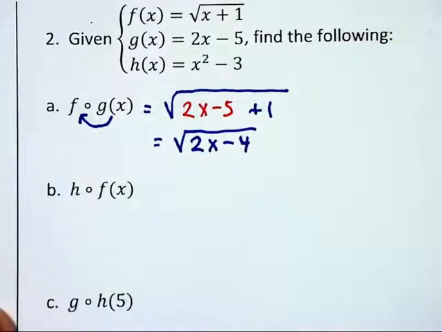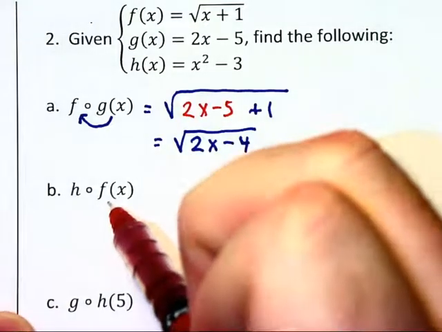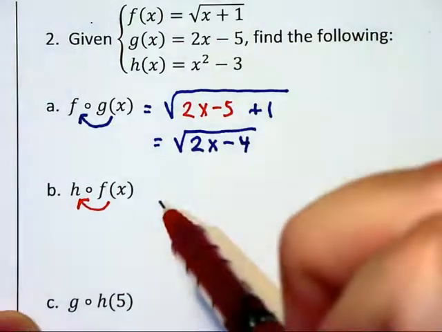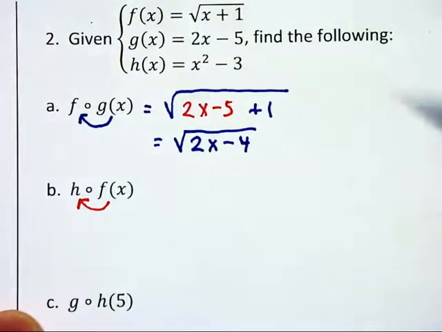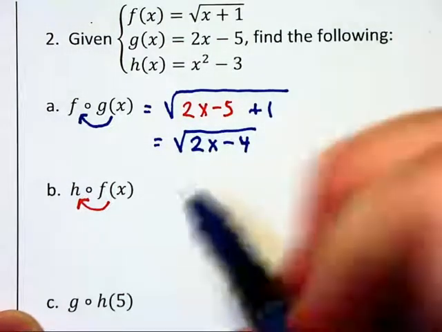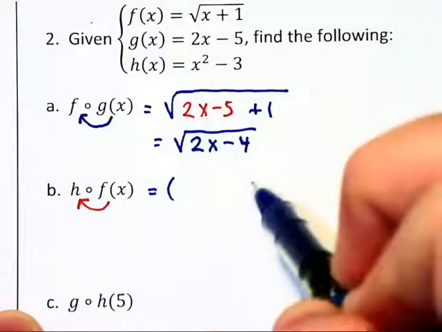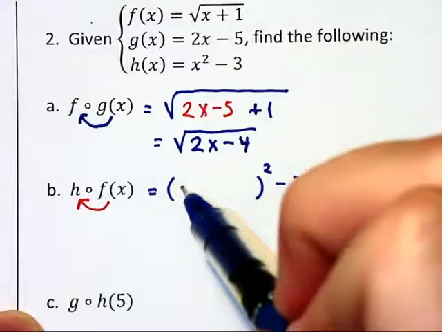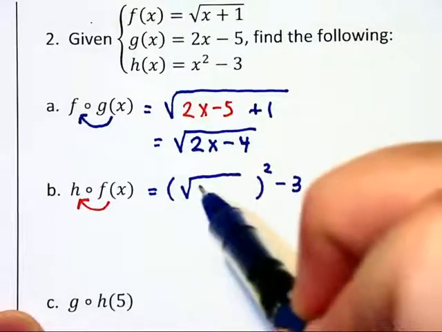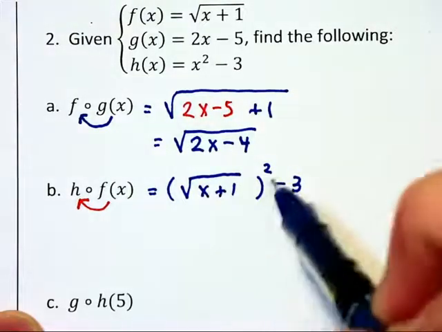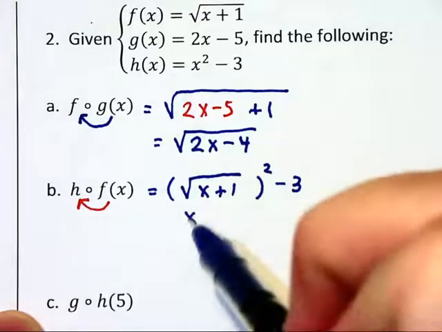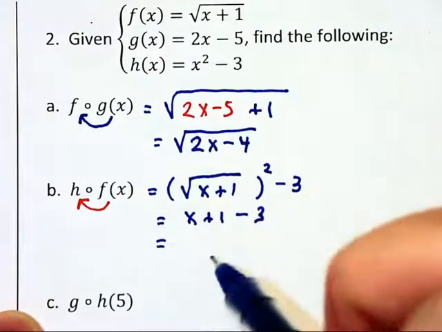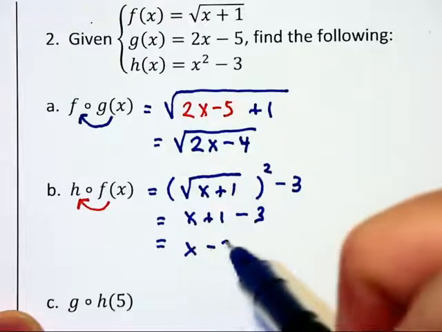If we are asked to find h composite f, f gets substituted into h, and function h says square the input and minus 3. So square the input minus 3. Well, function f is the square root of x plus 1, and so when you square that radical, you just get x plus 1 minus 3, and that will then equal x minus 2.